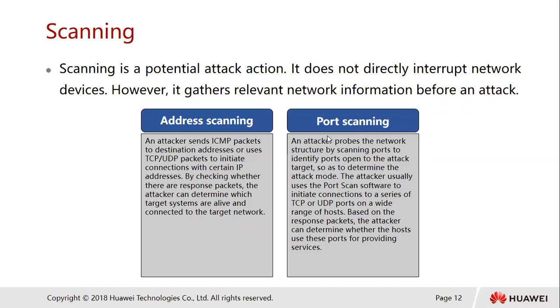These port numbers are related to services. If they see that port 80 is open, it means that they have web services. If they see that port 21 is open, it means that they have got file services and so on. Through port scanning, they'll be able to know the services that are on the machine. So this is how hackers work.